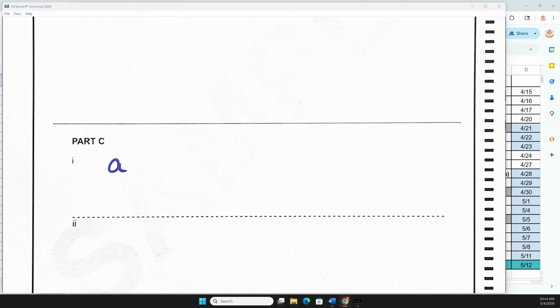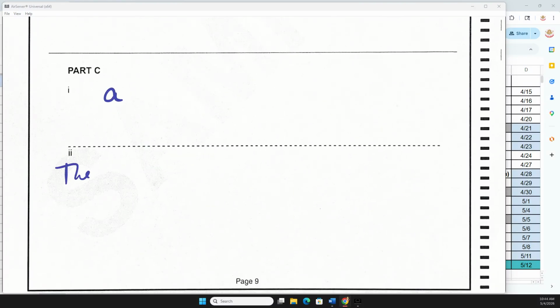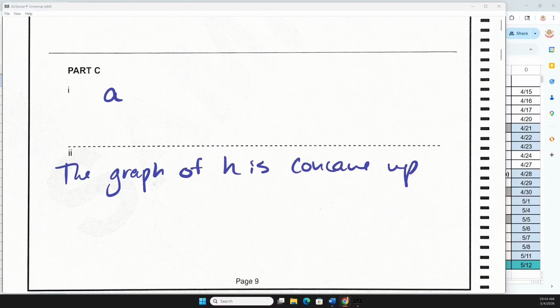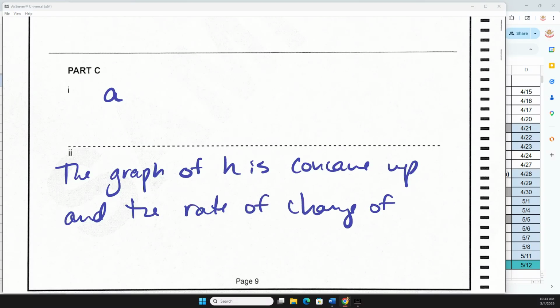Increasing. All right, what questions do you guys have?